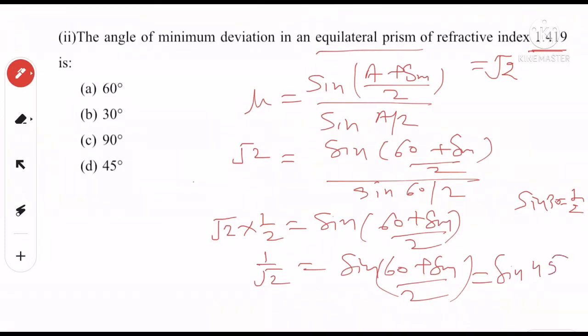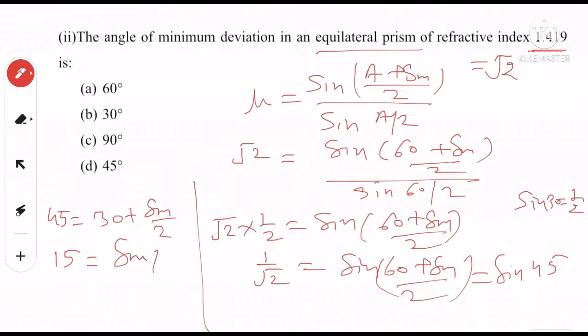Therefore, 45 is equal to (60 plus delta minimum) upon 2, or 30 plus delta minimum upon 2. So 45 minus 30 is 15. Delta minimum upon 2 is 15, which means delta minimum is equal to 30 degrees. So this will be the correct answer. In this way we can find the angle of minimum deviation.